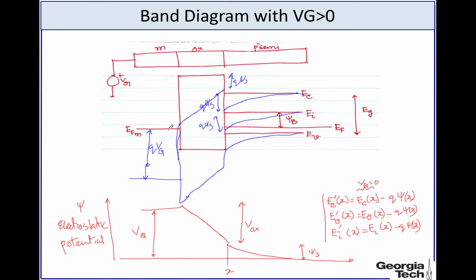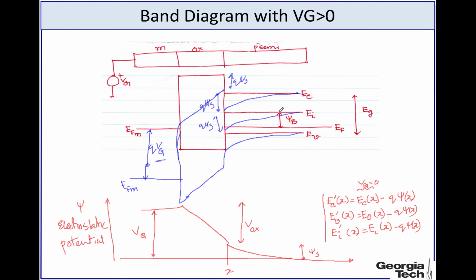Before applying the gate voltage, EFM and EF, the Fermi levels in the metal and the semiconductor, were lining up, but now the gap between the Fermi level in the metal and the Fermi level in the semiconductor is QVg.